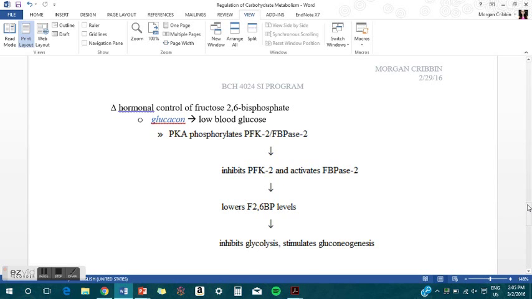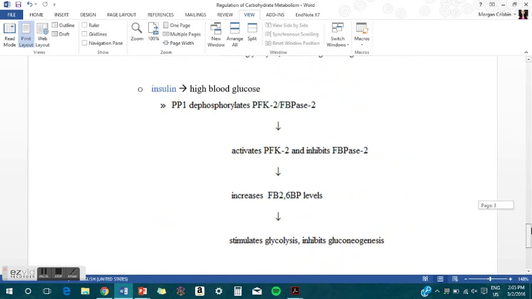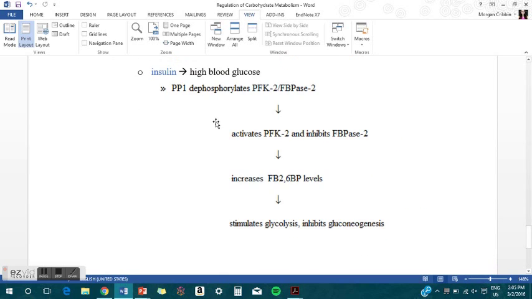So with insulin, when you have high blood glucose, you're going to have that receptor tyrosine kinase cascade, which ends up having this protein phosphatase 1 enzyme, which phosphatases, we remember, dephosphorylate. So this is going to be the enzyme that's in charge of dephosphorylating your bifunctional enzyme. So when your bifunctional enzyme is dephosphorylated, you're going to activate the PFK2 subunit and inhibit the FBPase2 subunit.